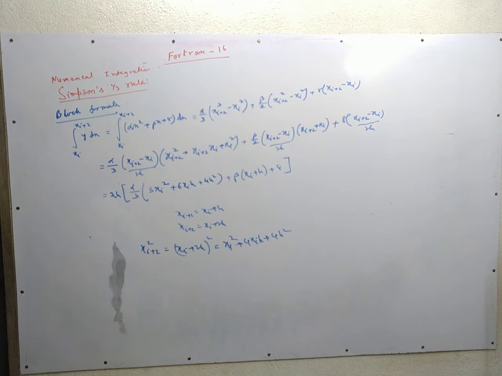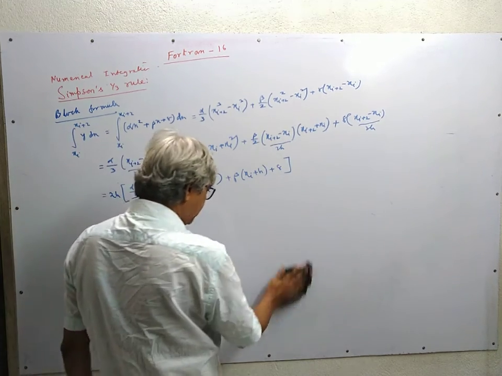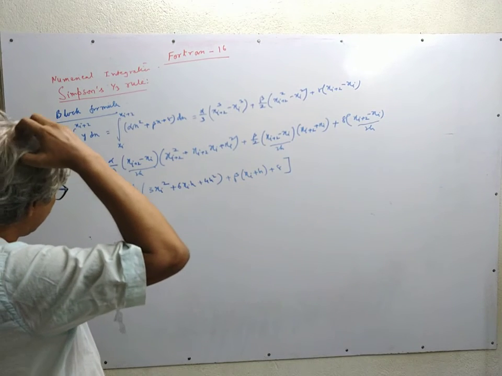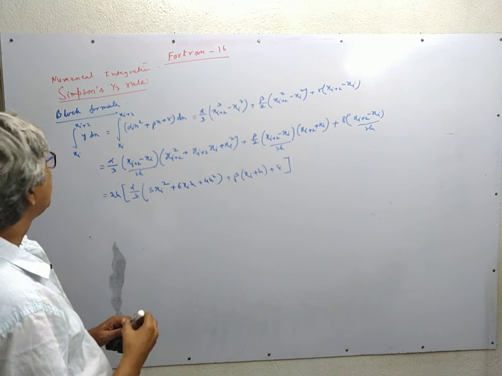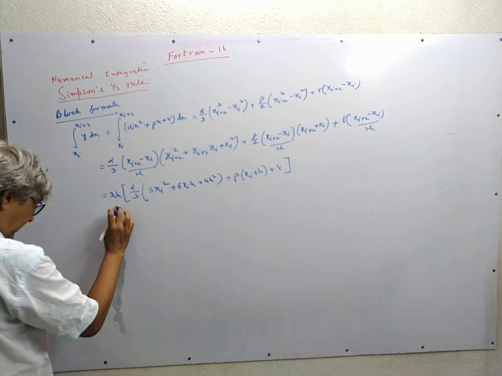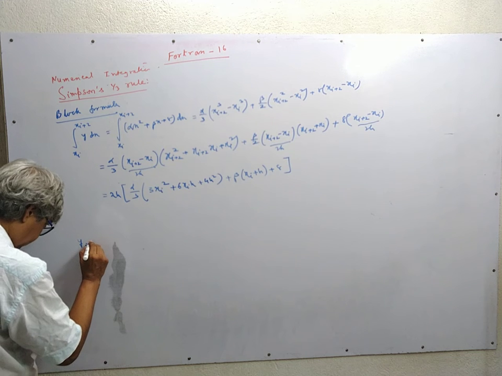Now to know the right hand side in terms of yi, yi plus 1 and yi plus 2, one needs to solve the three simultaneous equations, which is not very easy always. So we do one thing, keep some space, we try to evaluate this quantity.